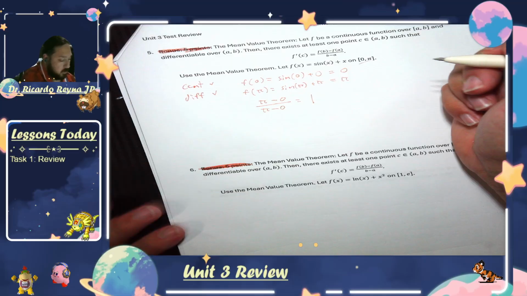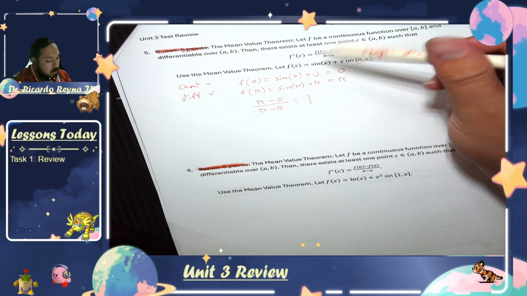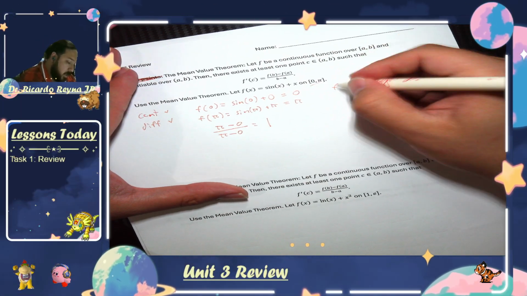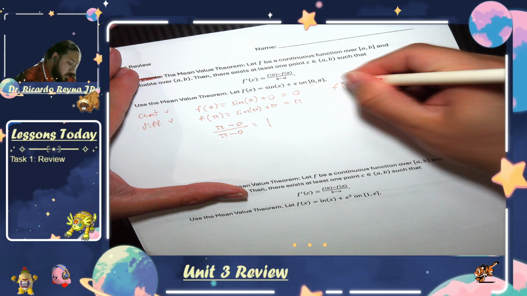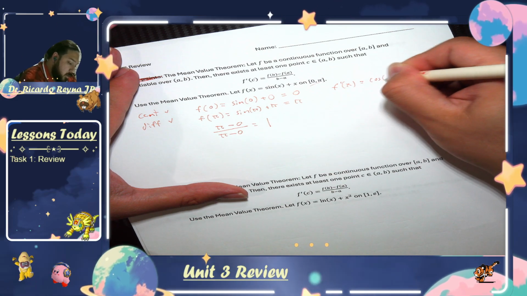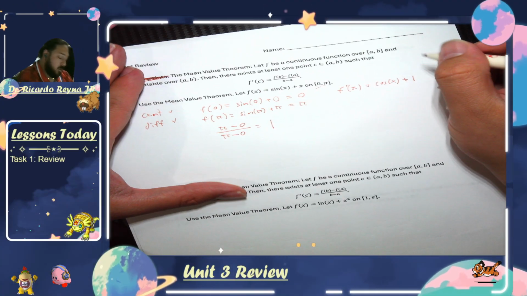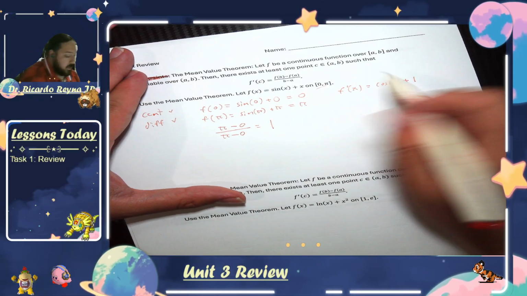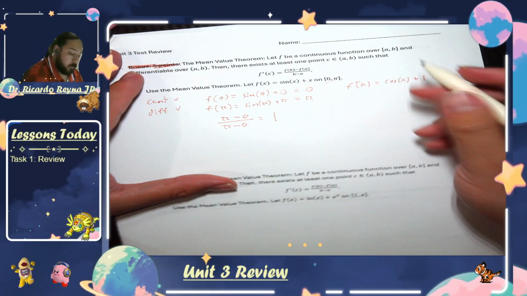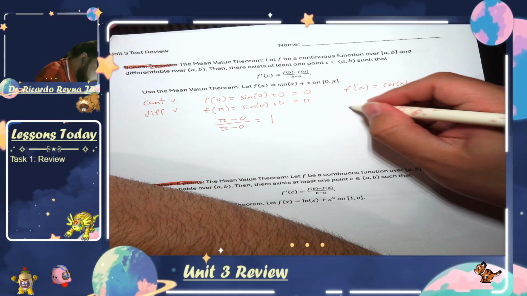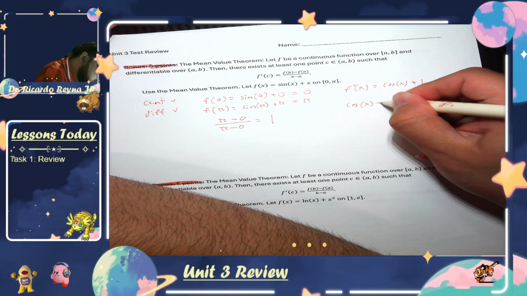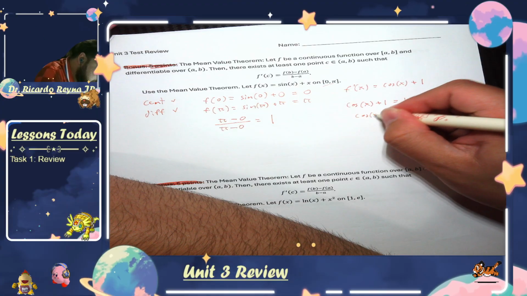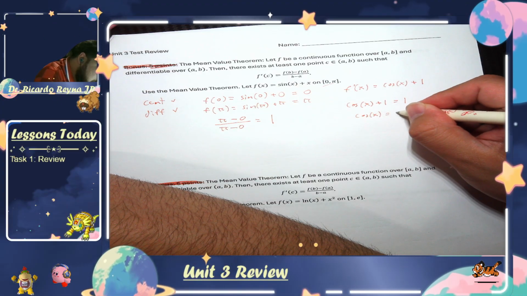And then we can construct that formula to be pi minus 0 over, by coincidence, pi minus 0, which is just 1. So we know that the derivative of this, which we can figure out right now, is cosine of x plus 1, can equal 1 with an x that's in between 0 and pi. So let's just check. Cosine of x plus 1 is equal to 1. Well, subtract 1 from both sides and I get 0.